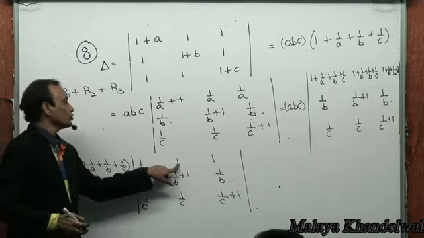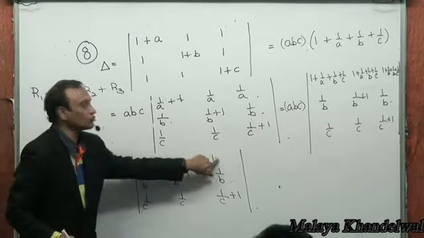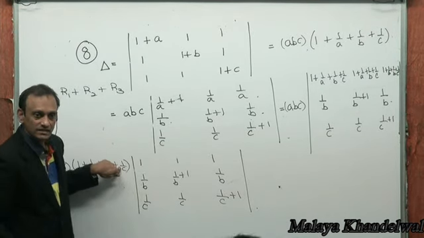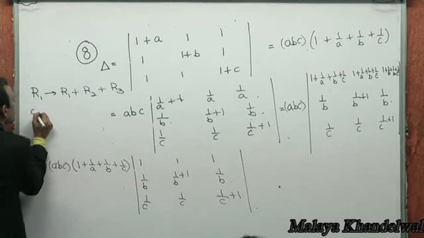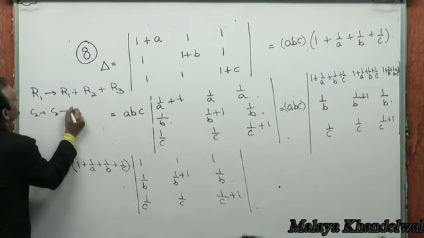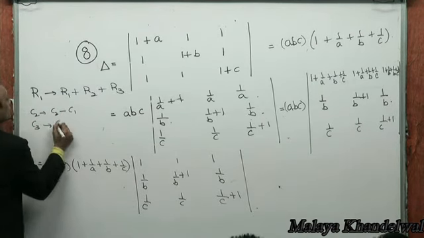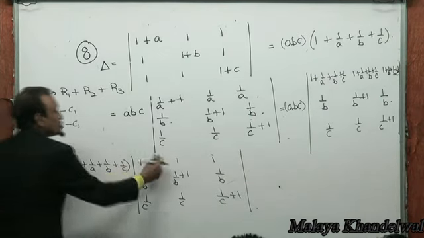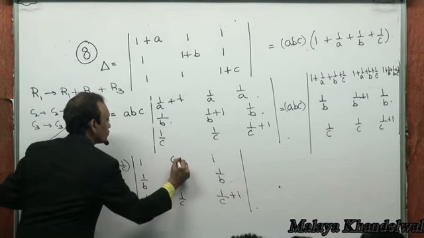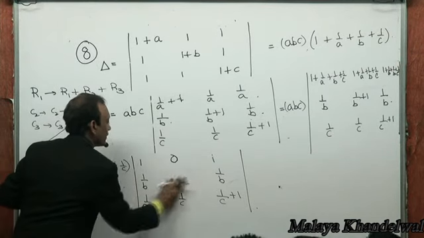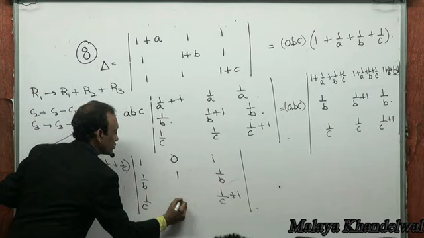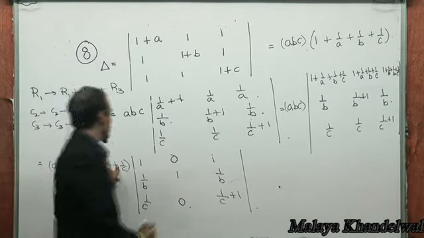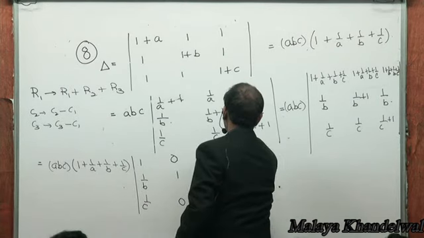Then obviously, you want to do C2 minus C1 and C3 minus C1. We do these two operations. On C2, I do a C2 minus C1. On C3, I do a C3 minus C1 so as to make these 0. So C2 minus C1, this will become 0. This will become 1. This will become 0. And then on C3, C3 minus C1, so 1 minus 1, this is 0.